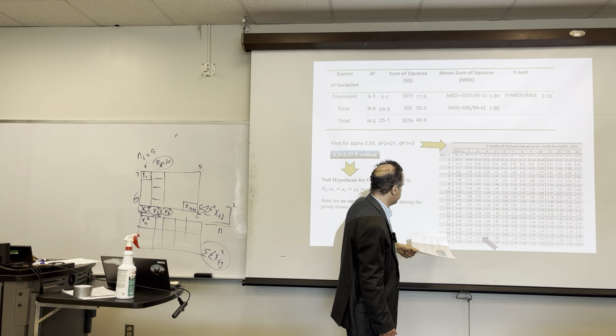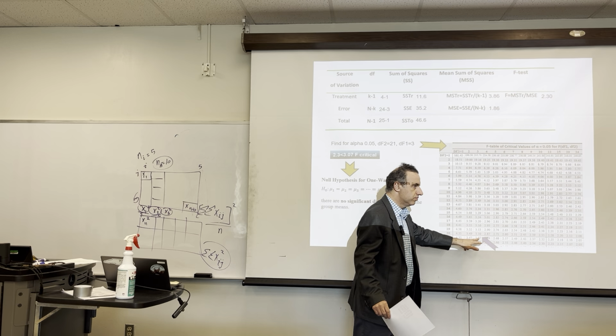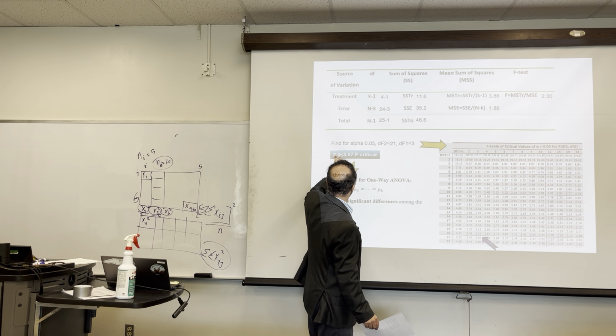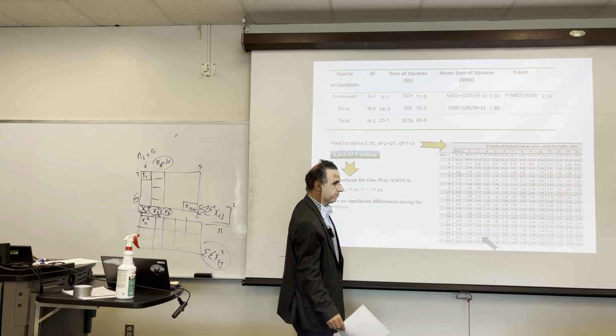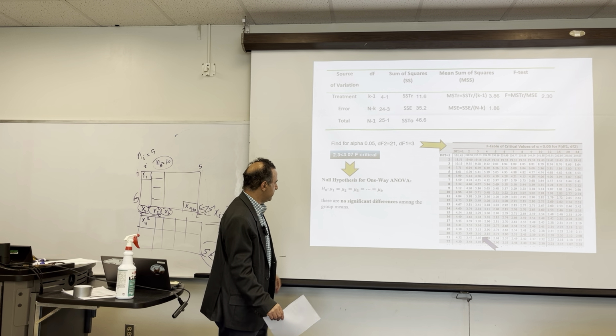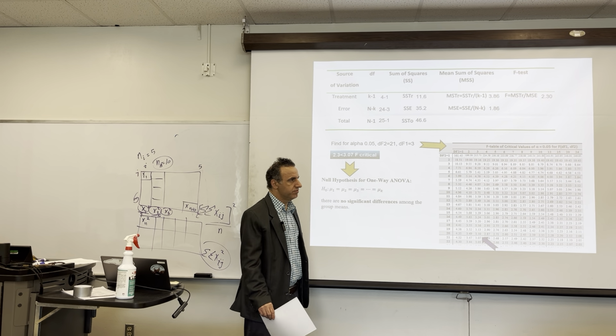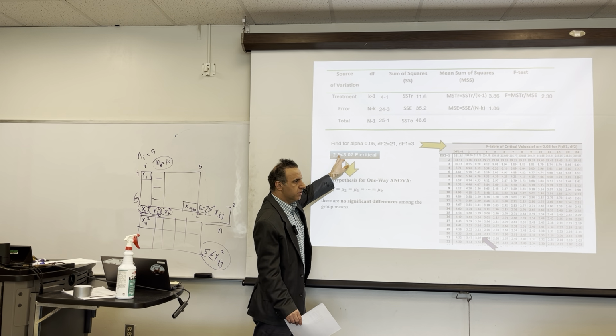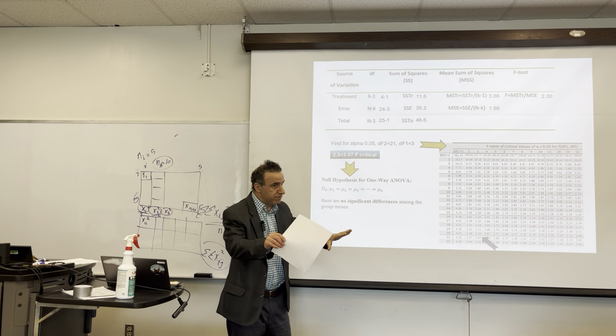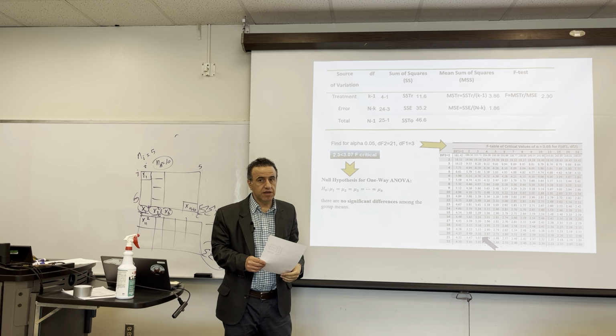So you find these two, then you can find the number. So this is the critical value. And my computed one is less than this number. So that means there is no significant difference. If this was 5, that means there is a significant effect between machines, different machines. So one machine is making better product than the other one, the one product that is not in the standard.